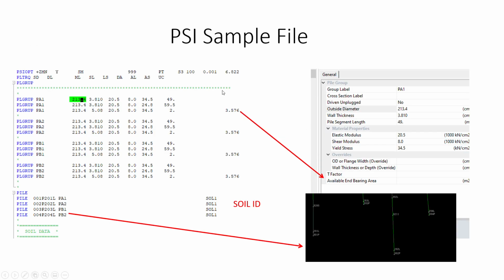I will show. See, this is the PSI sample file. This is the data gen file. If you see here in the PSI opt, this is the PSI opt file. Below the mud line we will not model any pile, we just have to type it in terms of numbers only, and the program will automatically take it. See, this is the jacket mud line level.